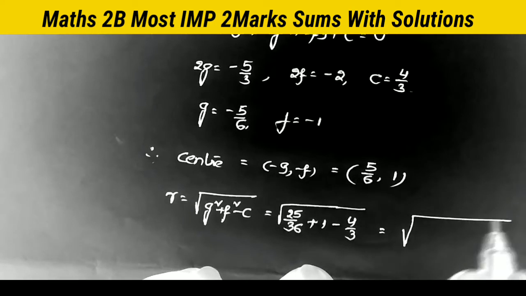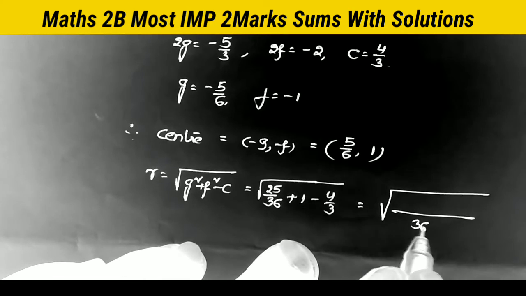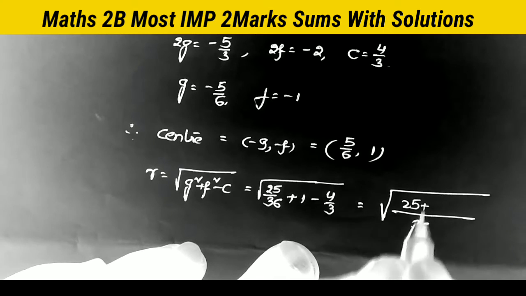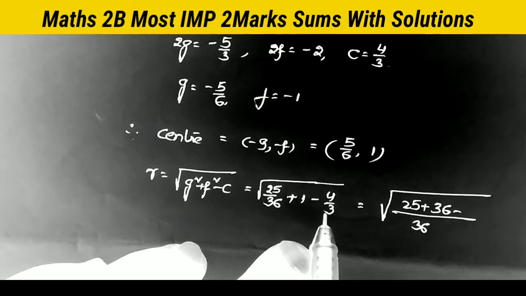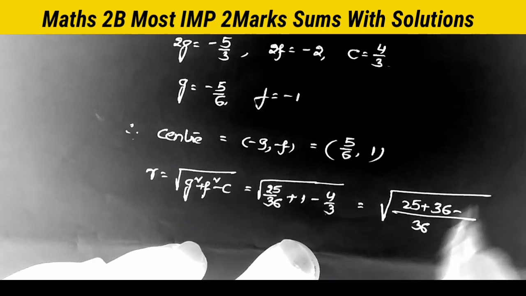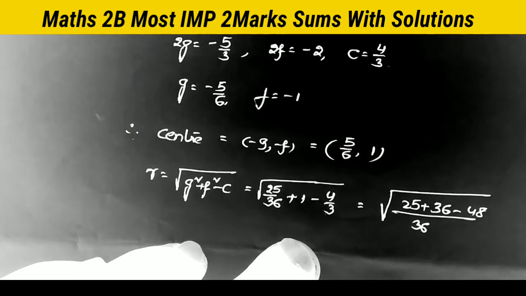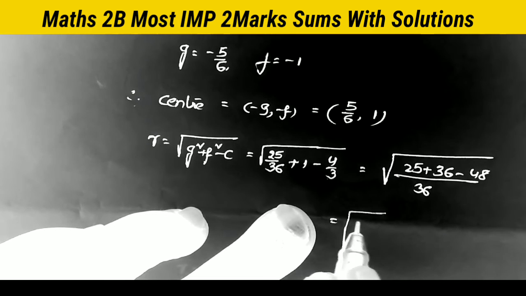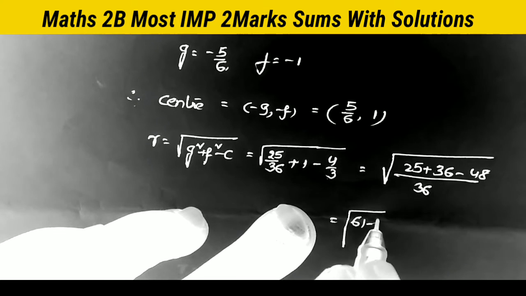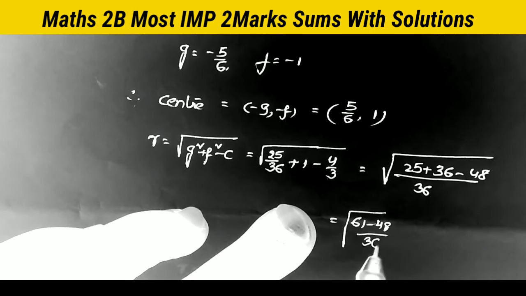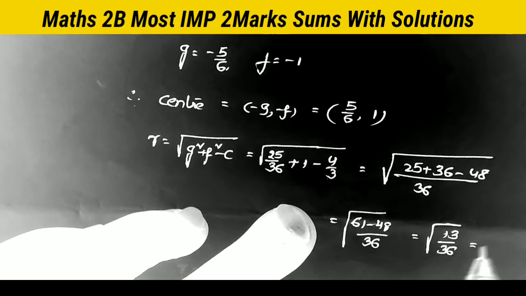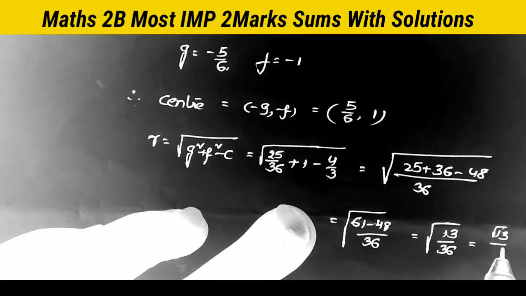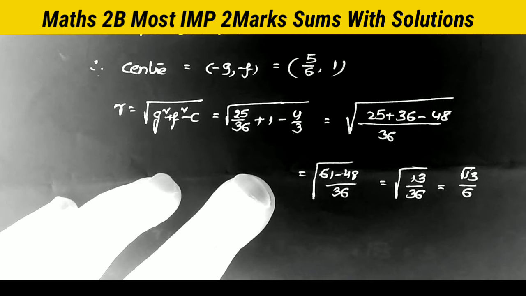Now taking 36 as LCM here, 25 plus 1 into 36, 36 minus, now this 3 is cancelled by 12 times, 12 into 4, 48. So this is equal to square root of 61 minus 48 by 36. That is equal to root 13 by 36, equal to root 13 by 6. That's all. That is the radius value.